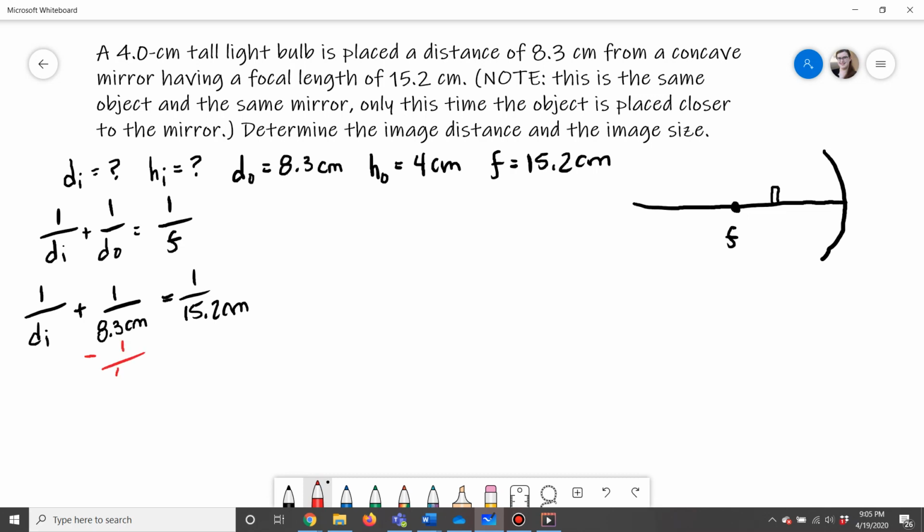We subtract 1 over 8.3 from both sides. And whenever we do that, we get an answer of, remember to bring everything down again, right?